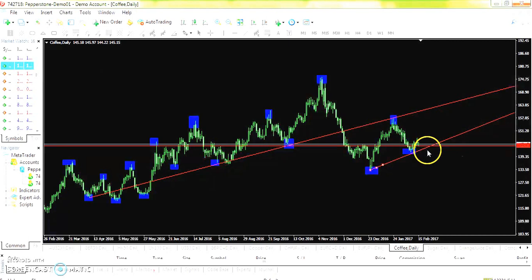So if you find the market breaking this level, as soon as this particular level breaks, jump in for sell. If it doesn't break, don't jump in for sell. So if this market is going down and breaks this upward trend line, make a sell.